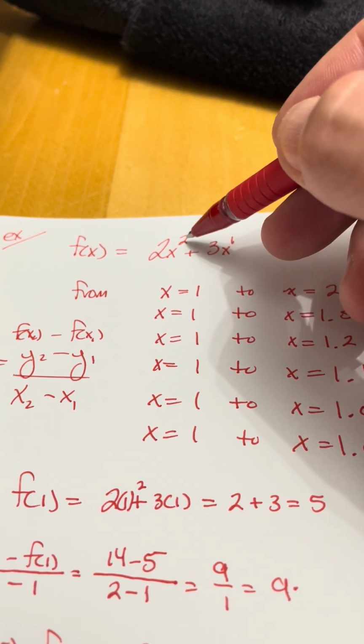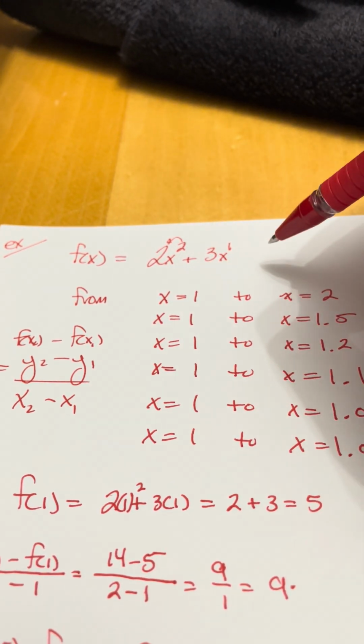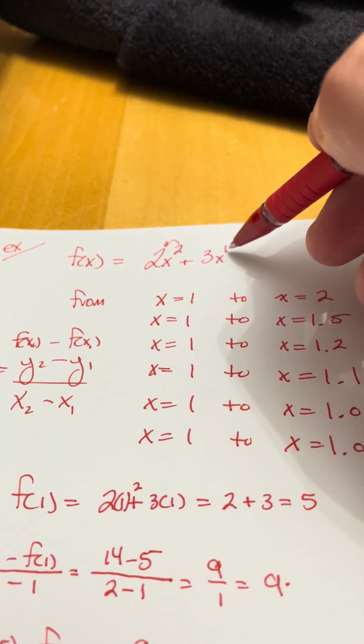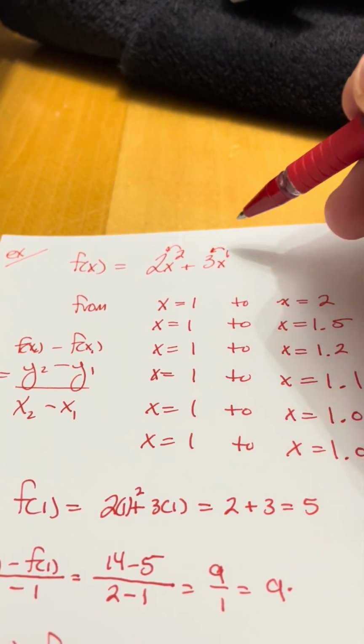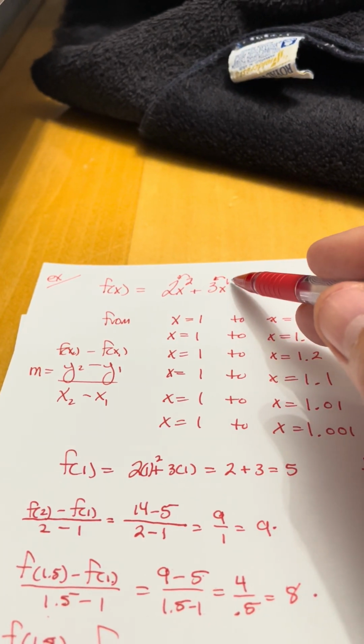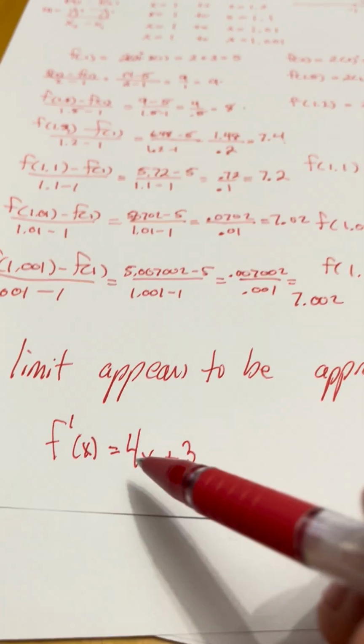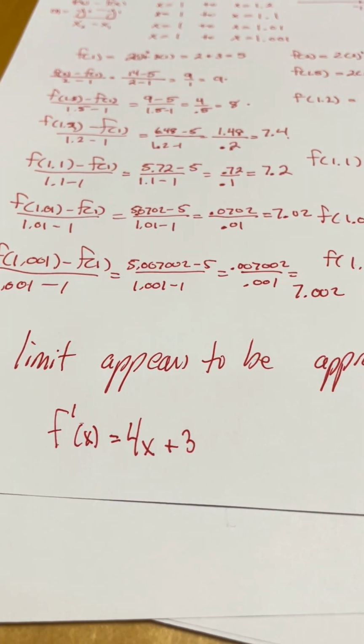What you do is you multiply this exponent times this coefficient, and you bring this exponent down by 1. So 2 times 2 is the 4. And 1 times 3 is 3. And when you drop that exponent to 0, that means the x goes away. So our derivative is actually 4x plus 3.